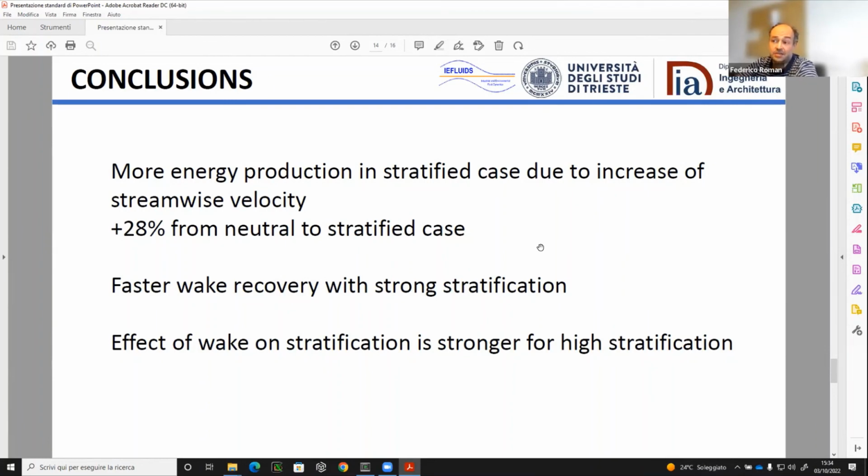So the test case that we performed was just on a wind tunnel or tank experimental setup, but not in the stratified case. But the model that we use in general has also been validated for the case of stratification.